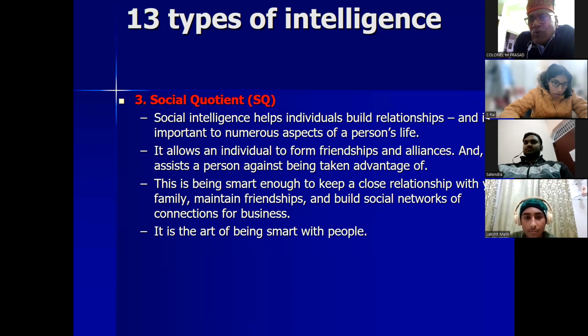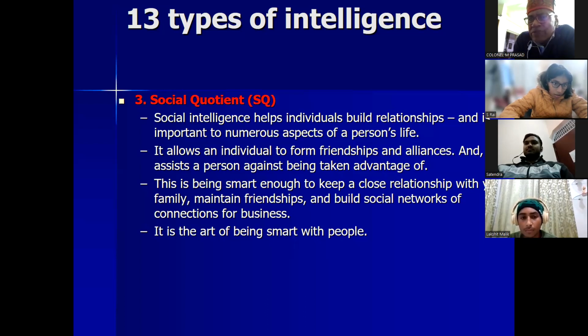You should be able to manage your seniors, your friends, and your subordinates in the same way. What normally happens? We are not able to do that. When seniors are there, I'm bending in front of them. When my friends come, I become a child. And when juniors come, I become a tiger. That's the problem.